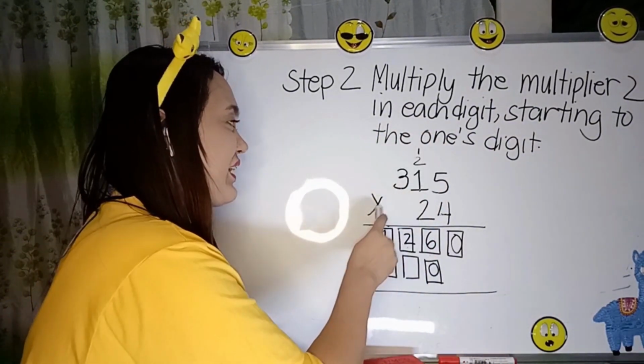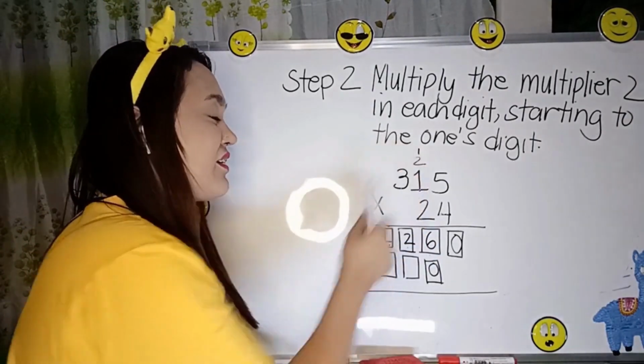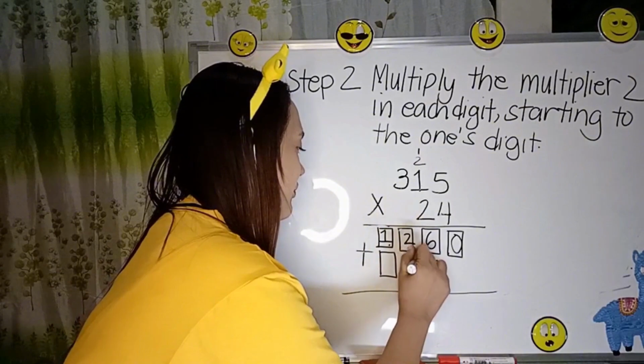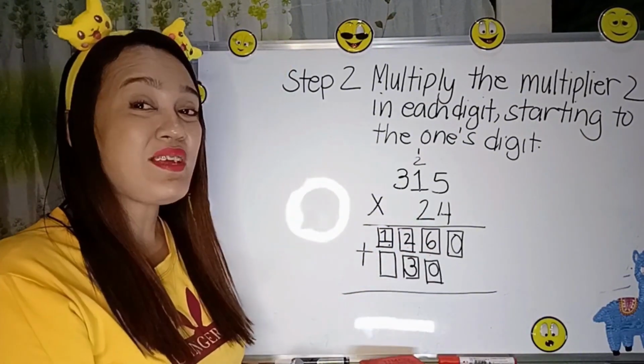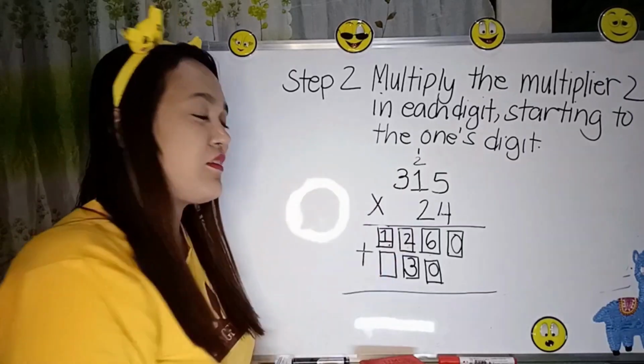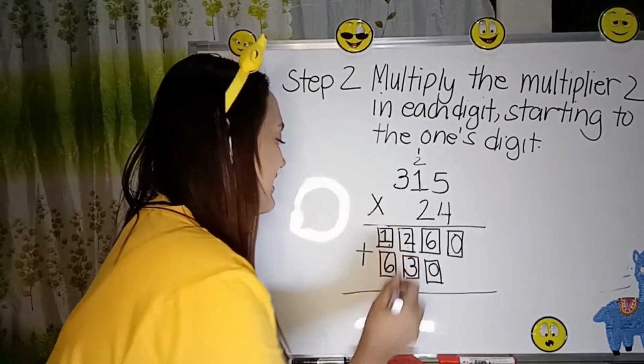So 2 times 1 is equal to 2 plus 1. It is equal to 3. The last one is 2 times 3. 2 times 3 is equal to 6.